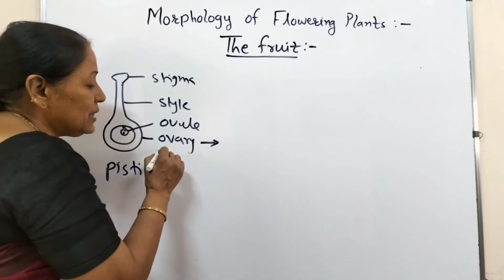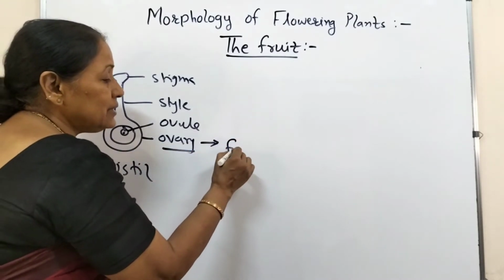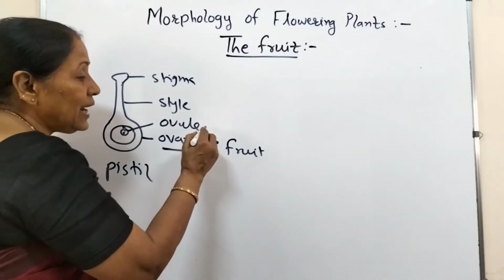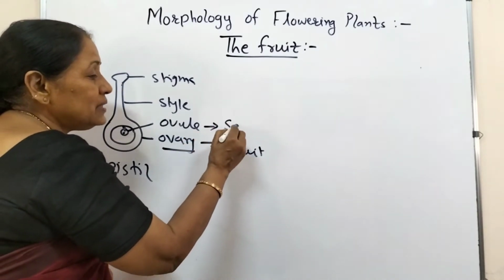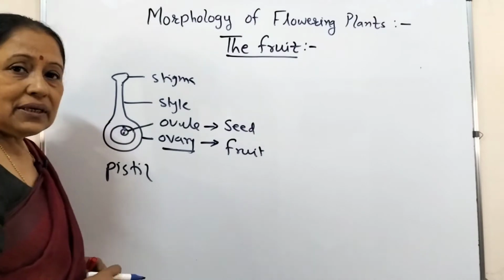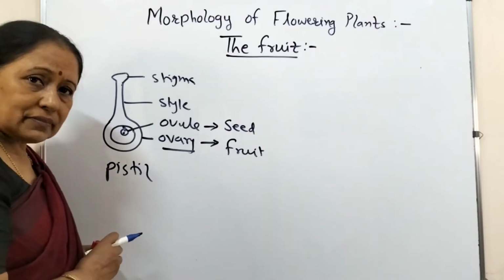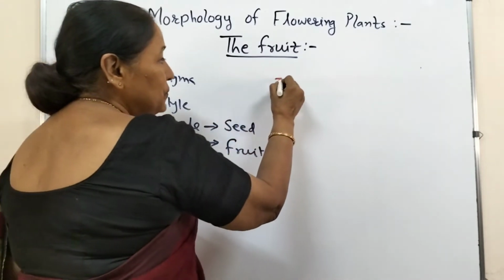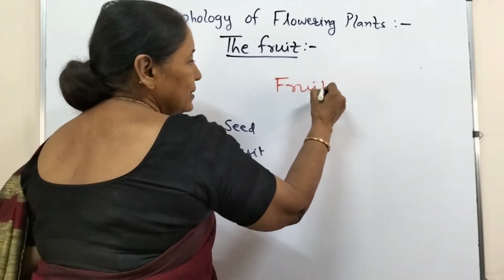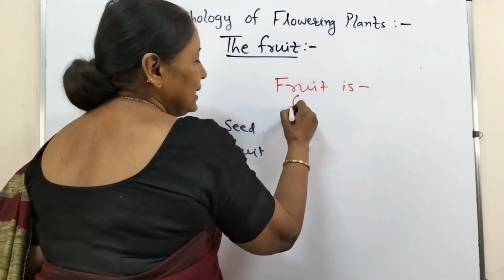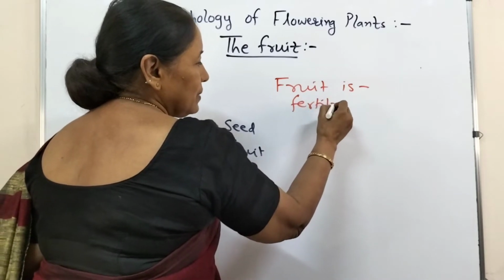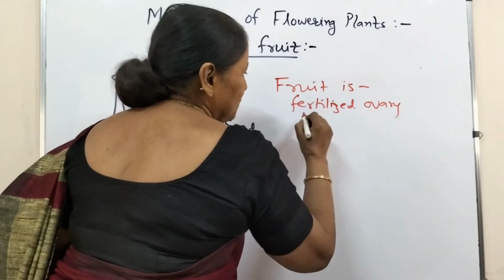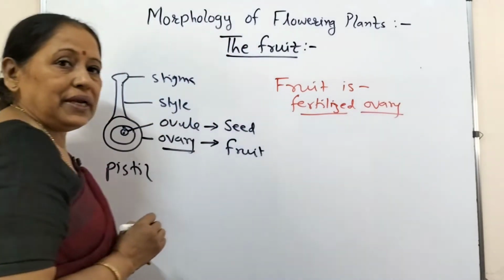One of them is, this ovary changes into fruit, and this ovule changes into seed, which is protecting the embryo inside. So, we can say that a fruit is a fertilized ovary. Fruit is fertilized ovary.